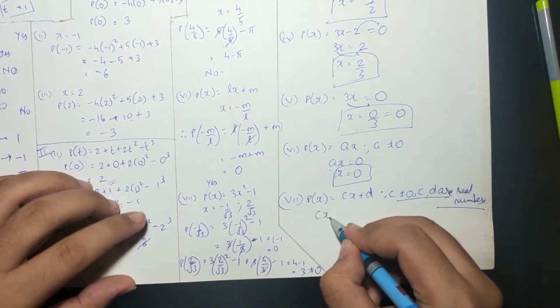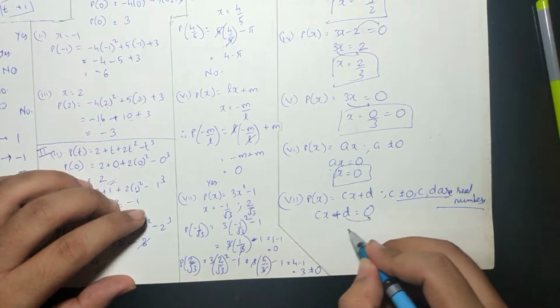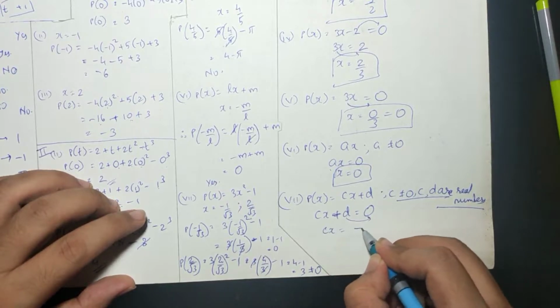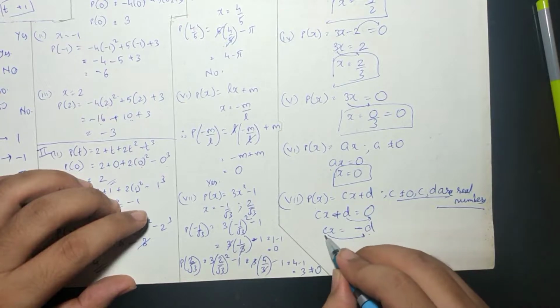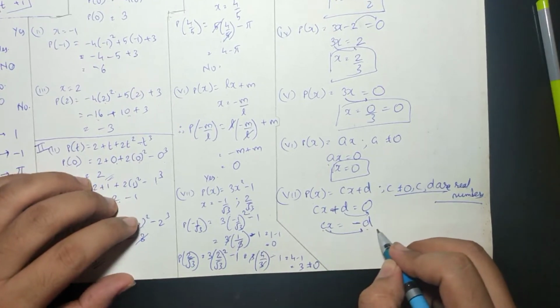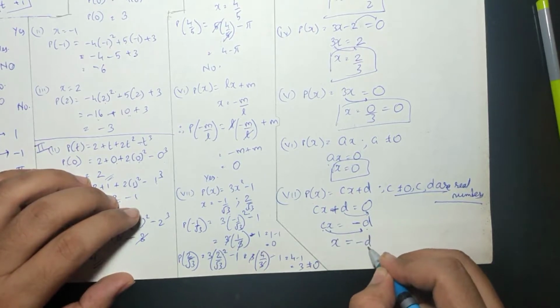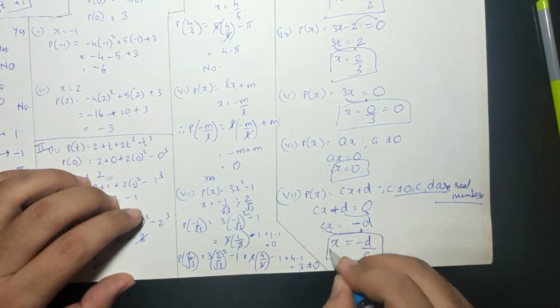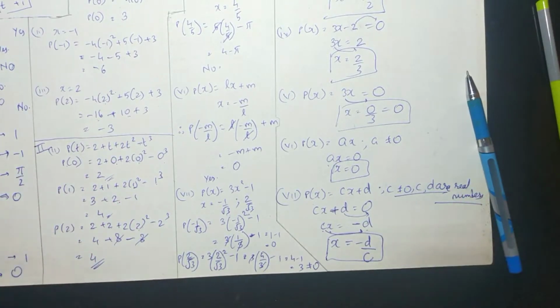So if I want to find the 0, I will equate the polynomial to 0. First d will go on that side. So cx will be equal to minus d. Then c will go on that side. C is getting multiplied over here and it will get divided on the right hand side. So x will be equal to minus d upon c. This is the 0 of this polynomial.